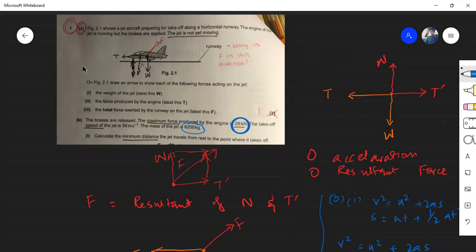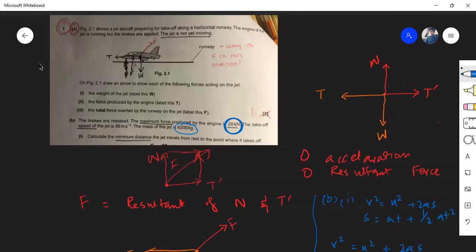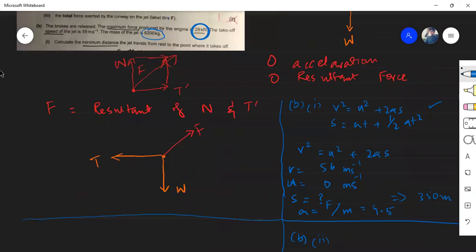In reality, we have to make a longer runway because forces such as air resistance act on the plane, which will reduce the value of acceleration even further, and hence the value of S will be longer.